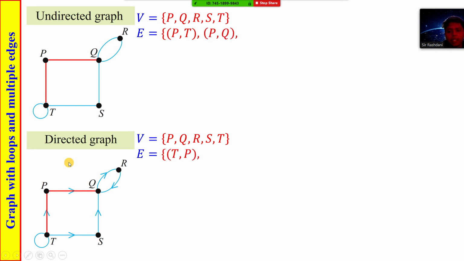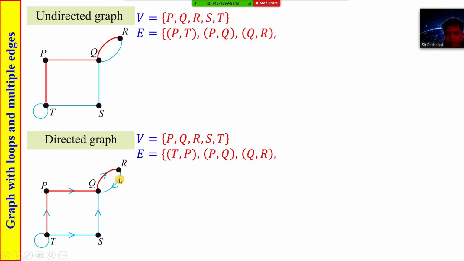PQ, and then this will become PQ. We start at P and then at Q. QR, this is what? Multiple edges: QR, QR, and still QR. But here it is a directed graph.